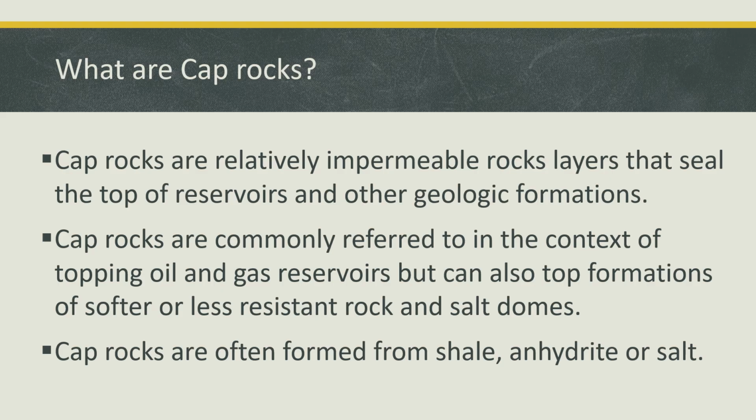So in oil and gas reservoirs, cap rocks top the reservoir. They form a seal or lid of the oil and gas reservoir. And in other formations of softer or less resistant rock, they also act as a top formation. So basically, we have a specific set of rocks which act as cap rocks. They are usually shale, anhydrite, and salt.